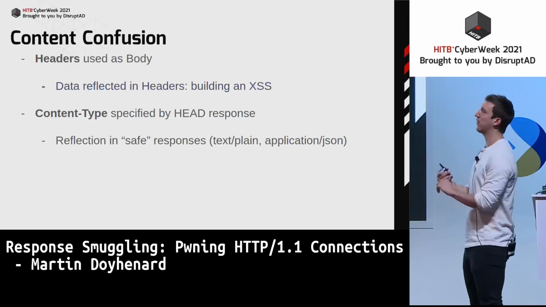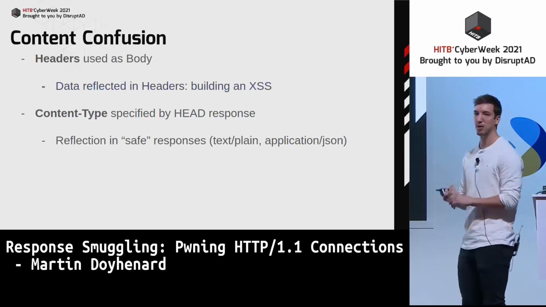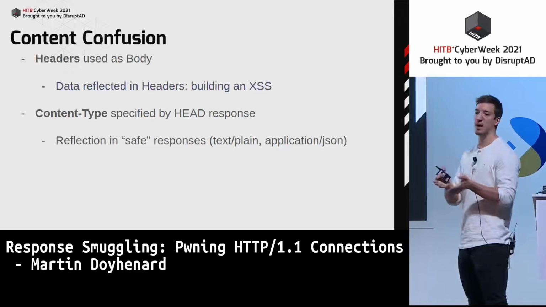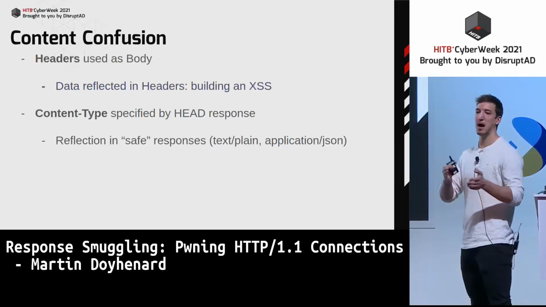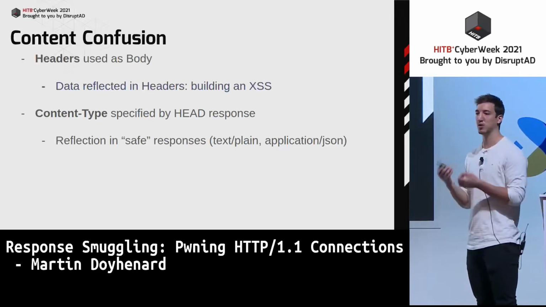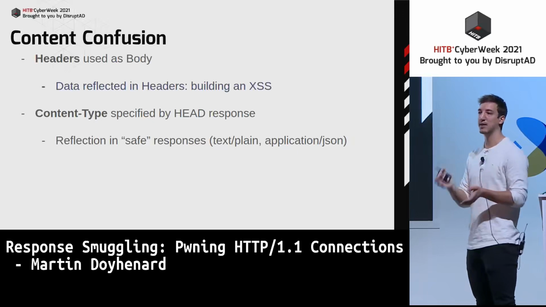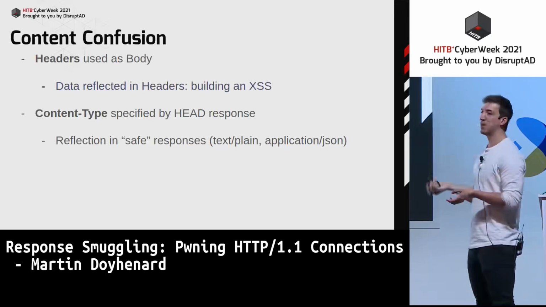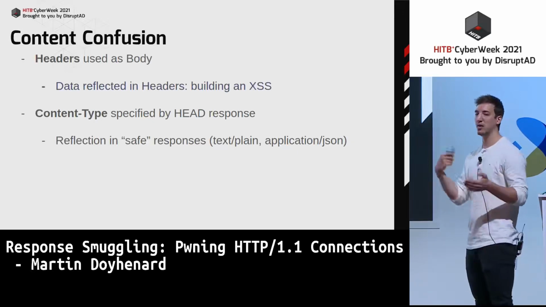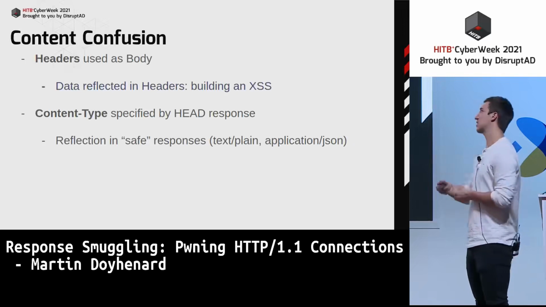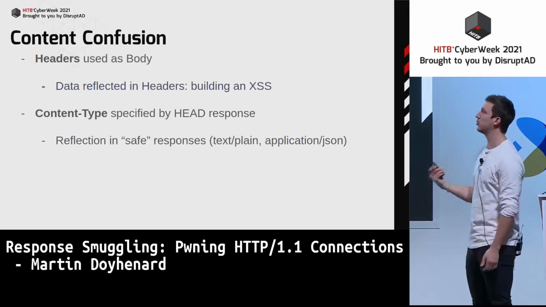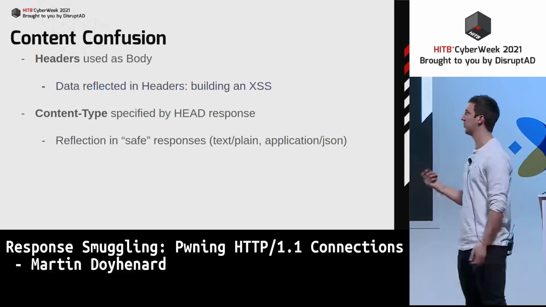So we can modify the content type, for example. If we have a response that contains a reflection or something that we can use as an attack, but it's plain text, then we can modify this by setting a new header to this response, which sets the content type to be text/html, for example.